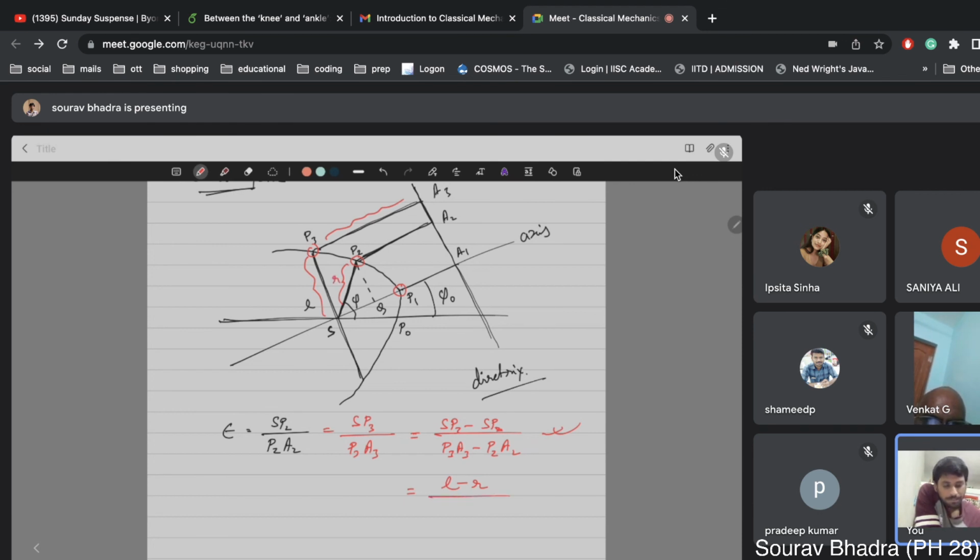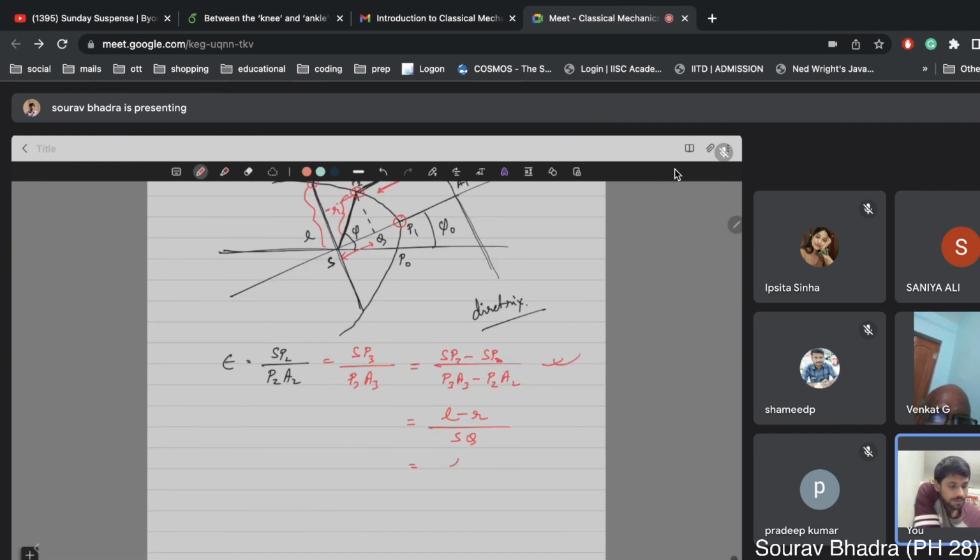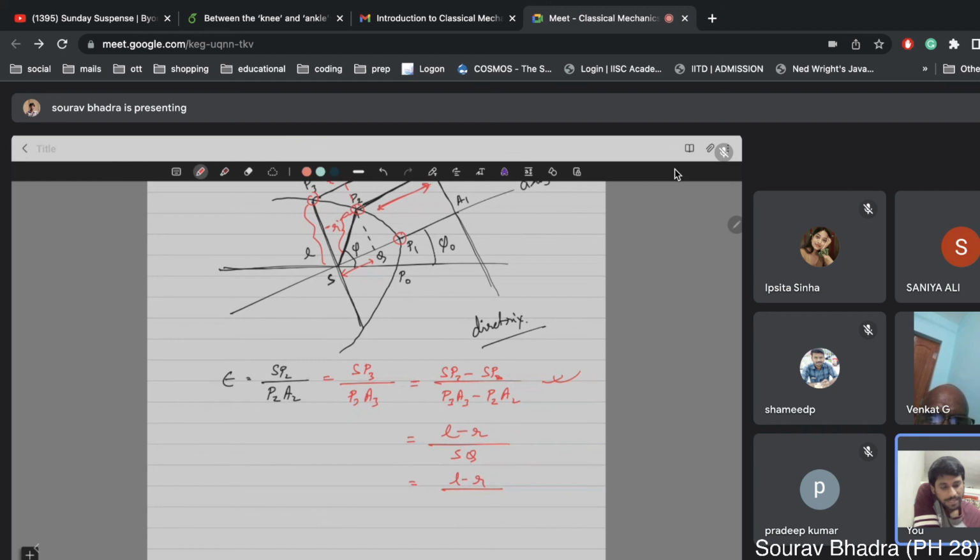And P3A3 minus P2A2, so this total distance minus this small distance, that will give you this much distance, right? If you extrapolate, P2A2 equals SQ. You can see this is the distance SQ, sorry, not Q2. So you write it L minus R.